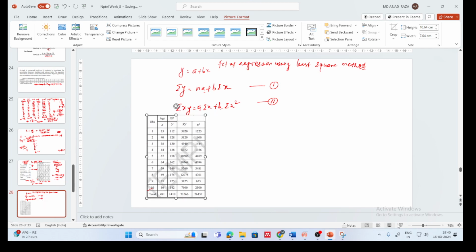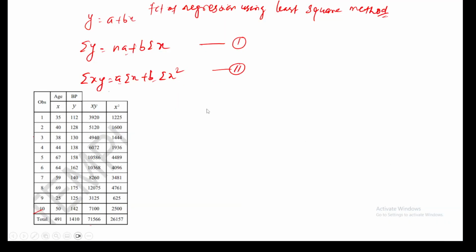We can solve the problem here also. Sigma y we know, sigma y is 1410. So 1410 is equal to n, how much n do we have? 10. A plus b we don't know.